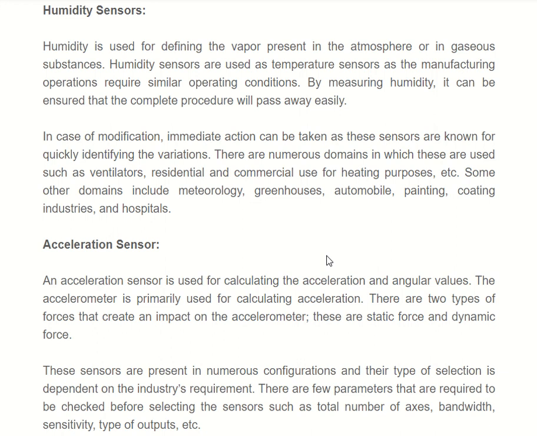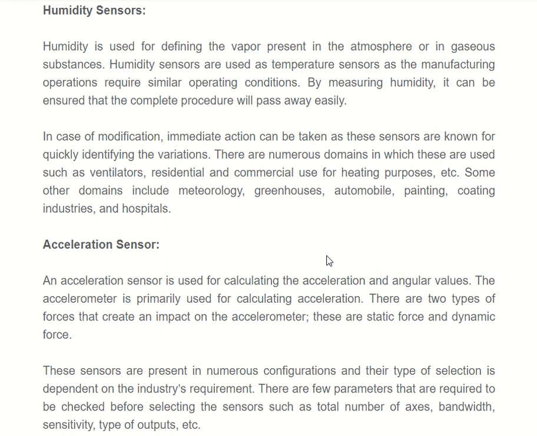Then we have the acceleration sensor, which is used for calculation of acceleration and angular values, pretty much self-explanatory. And the accelerometer is primarily used for calculation of acceleration. And we all know that there are two types of forces that create impact on the accelerometer, right? Static and dynamic force.